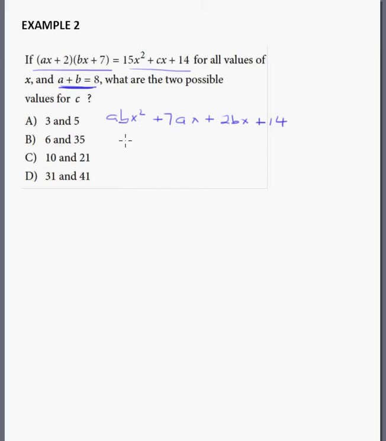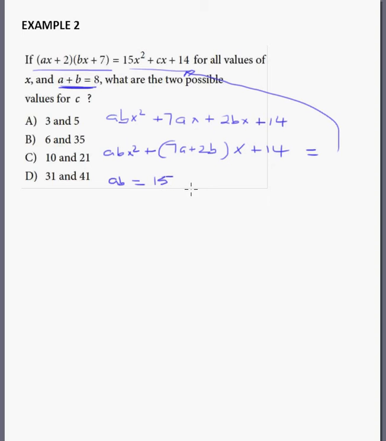All right, so I'm focusing on the left side first. If I simplify it, this becomes abx squared plus (7a plus 2b) times x plus 14, and that should be equal to what I have on the right here. So how do I compare now? Obviously my ab, I can say my ab is equal to 15, right?